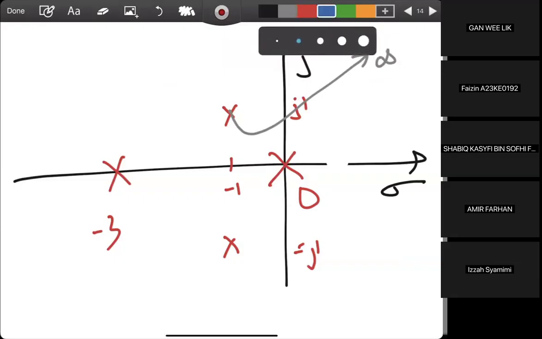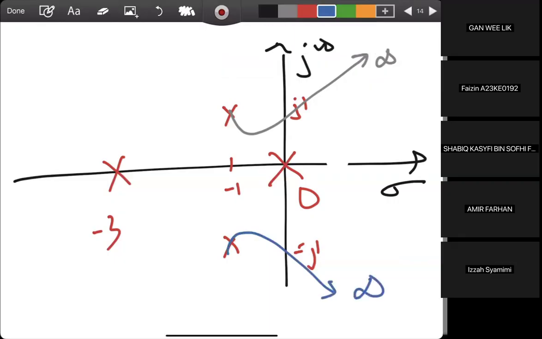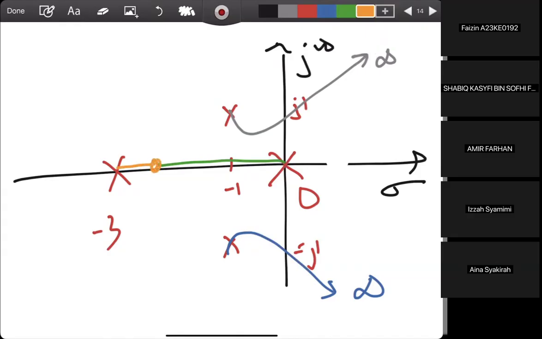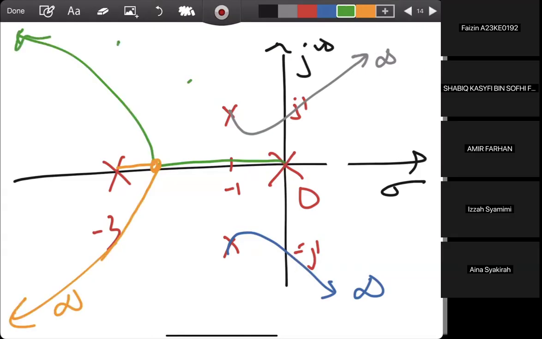Second one is this one, to infinity. Okay. The third one is to infinity. And the green one is something like this, to infinity.